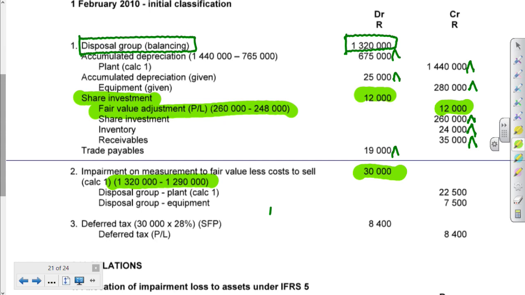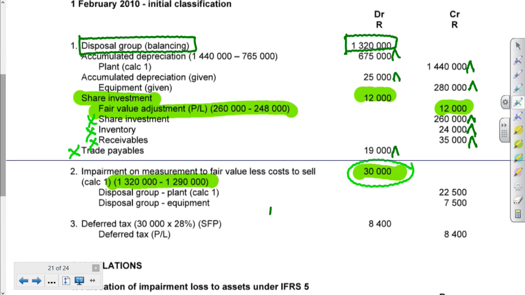The impairment can't go in terms of allocation, right? The impairment of 30,000 Rand can't go to inventory, can't go to receivables, can't go to payables, can't go to share investment. It doesn't go to liabilities, it doesn't go to current assets, and it doesn't go to assets carried at fair value.